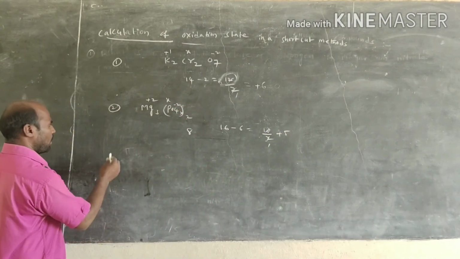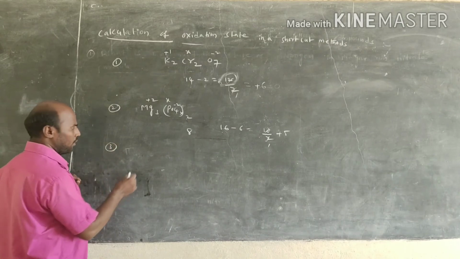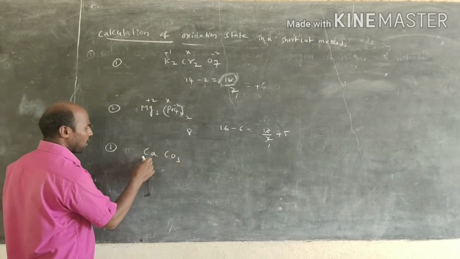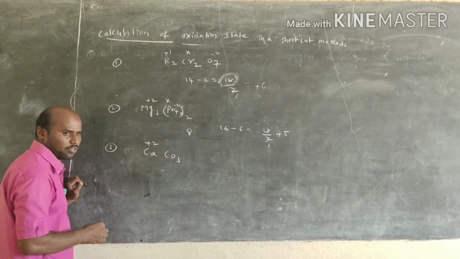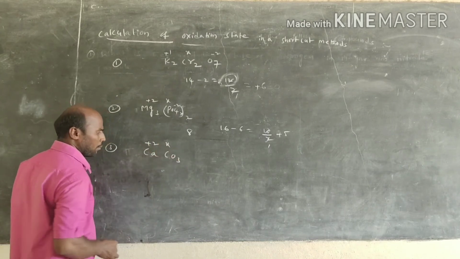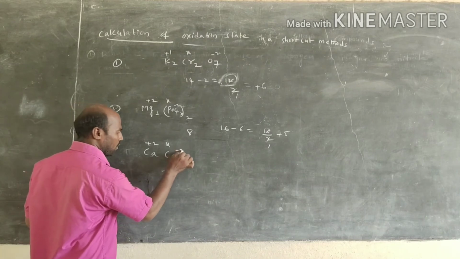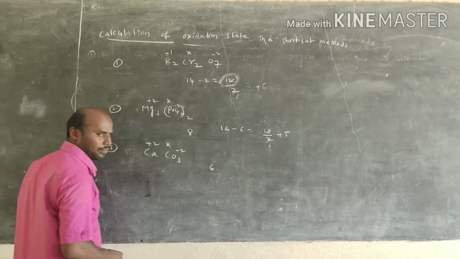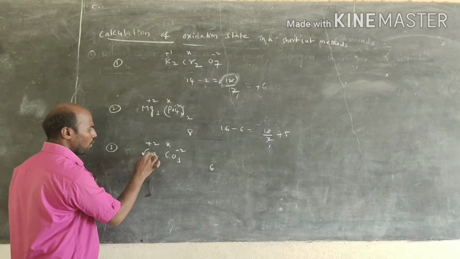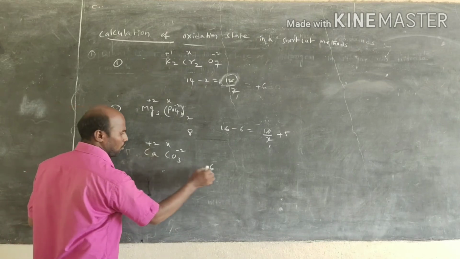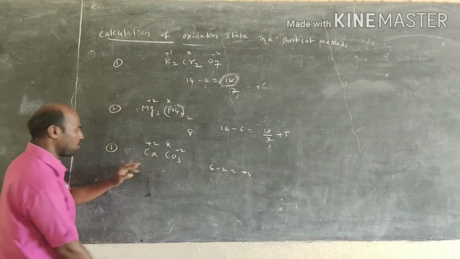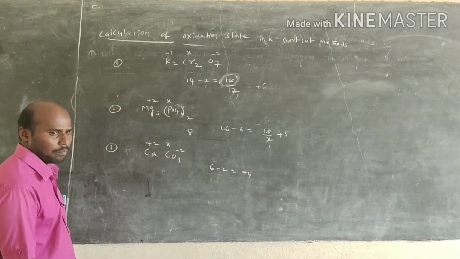We can take one more example: calcium carbonate, CaCO3. What is the charge of calcium? Plus 2. What is the charge of carbon? X. The charge of oxygen is minus 2. Here 3 twos are 6. One calcium has plus 2, so 6 minus 2 is plus 4. The charge of carbon is plus 4.